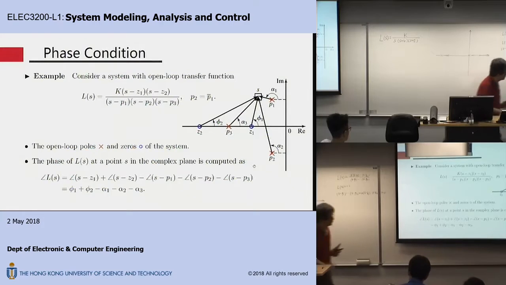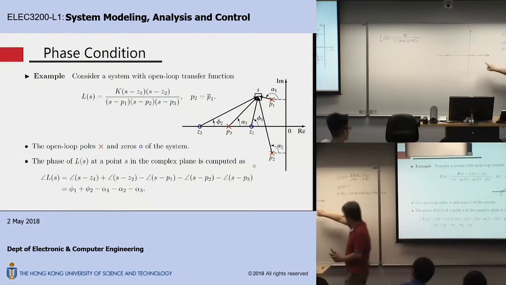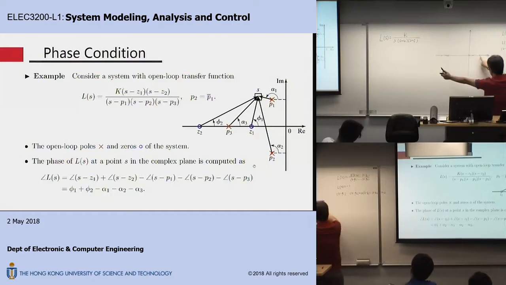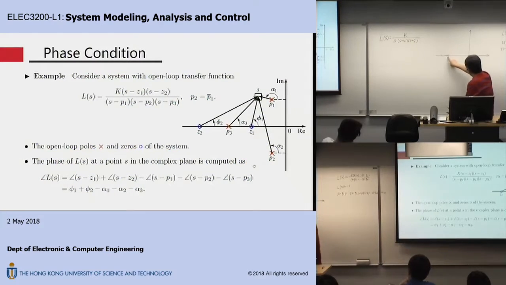If you look at here, you take any s on the real axis. You look at the vector from a pole to that point, and look at the phase of this. If this pole is on the left-hand side of the point, then this phase is 0. You take another pole, you get the same thing, the phase is 0.